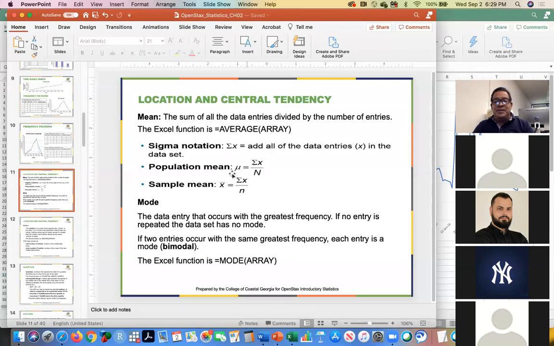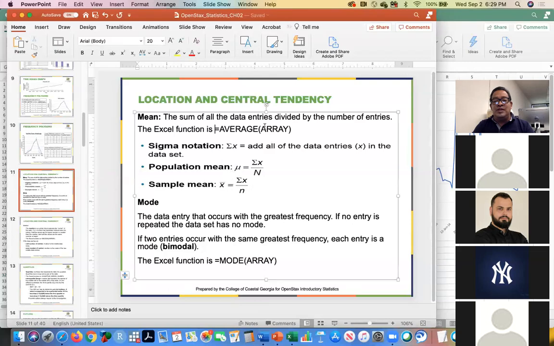This sample mean is basically the same, but in this case it is a statistic that is identified as X bar. X bar means sample mean, also the addition of all the data points divided by the sample size.